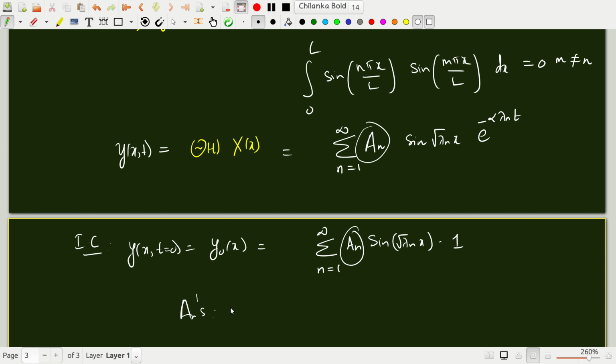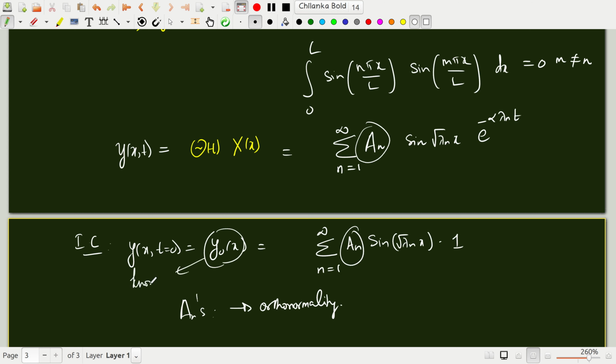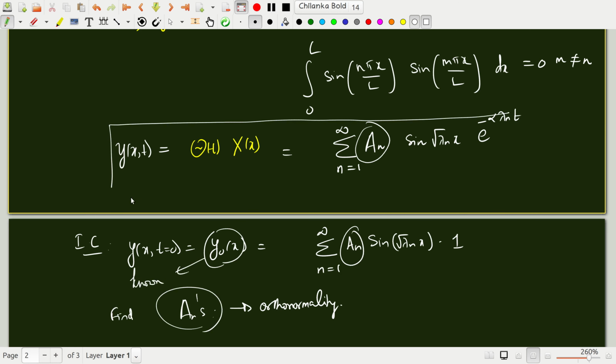So the Fourier coefficients can be found using the orthogonality of sines. Once the a n's are known, the solution is known, because y naught of x is the known initial condition. You find the a n's, substitute them, and then you get the solution to this problem.